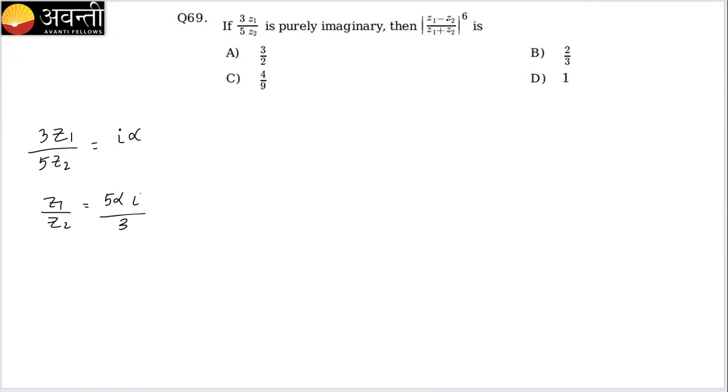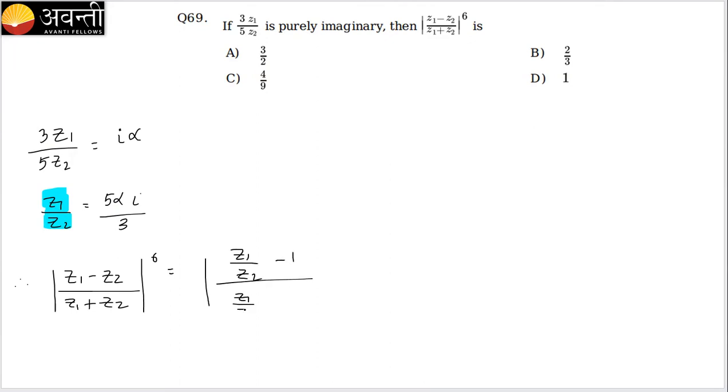Now we have to find the value of this, correct? So how can we find the value of this? We have the value of Z1 upon Z2, so try to get Z1 upon Z2 here. I can write Z1 minus Z2 upon Z1 plus Z2 raised to 6, by taking Z2 common from numerator and denominator, as Z1 upon Z2 minus 1 upon Z1 upon Z2 plus 1, the whole raised to 6.